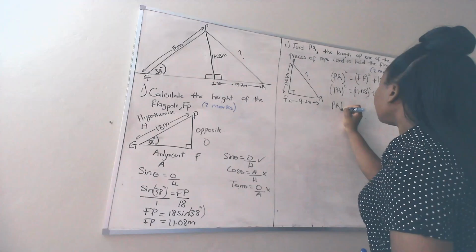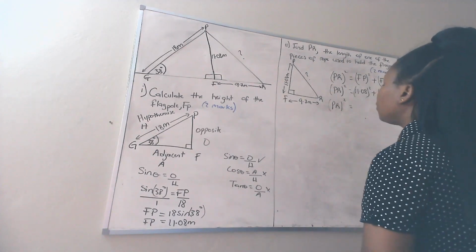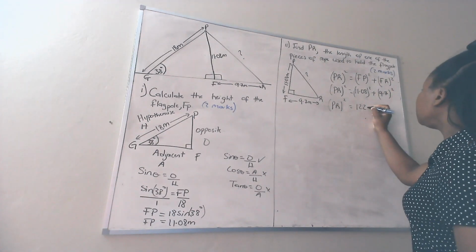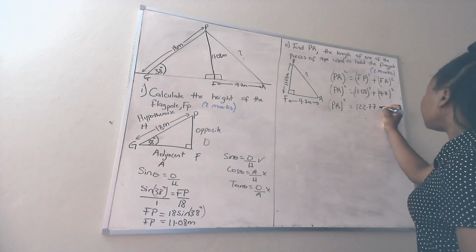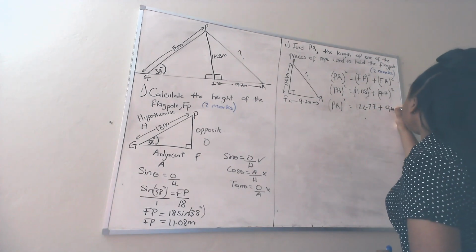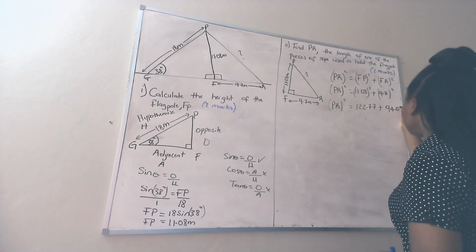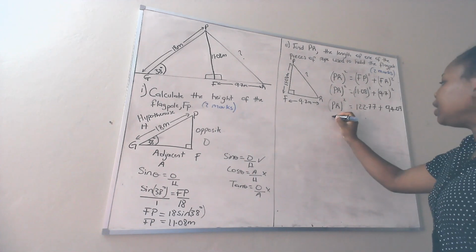So PR squared is equal to 122.77 plus 94.09. Go ahead and add them.